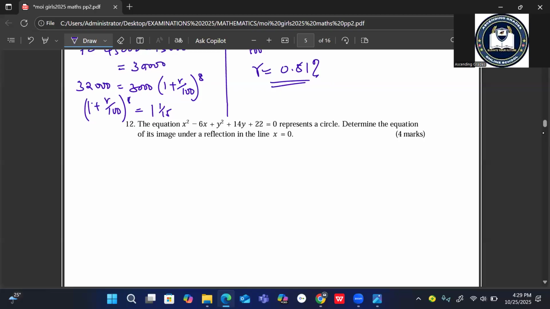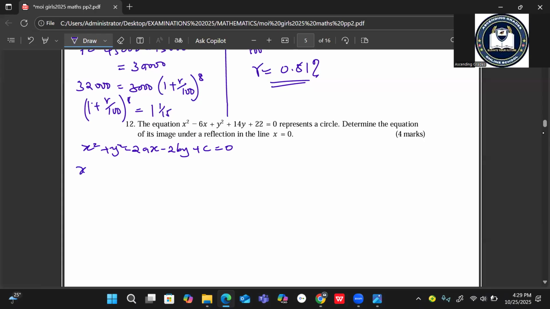Now we shall have x squared plus y squared minus 2ax, then minus 2by plus c equals 0.